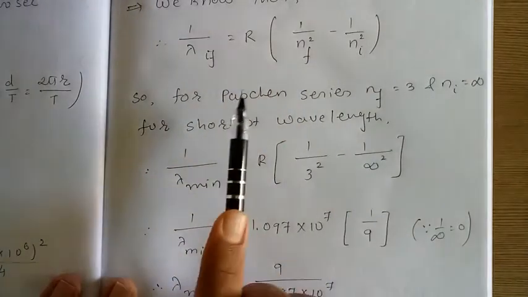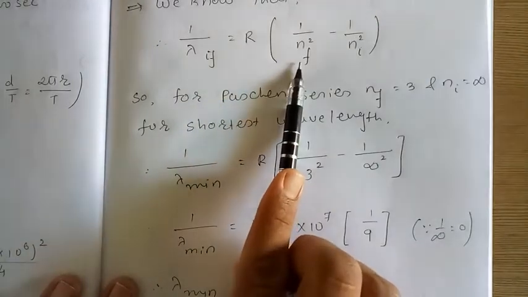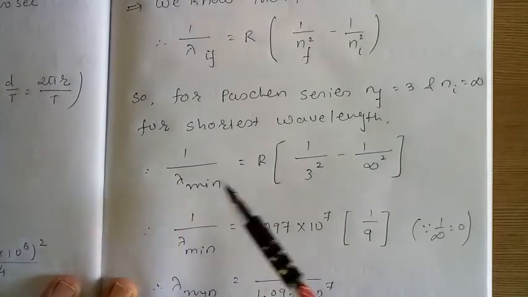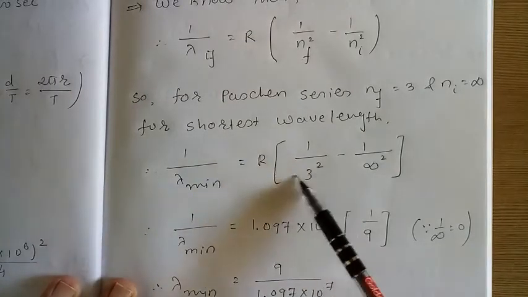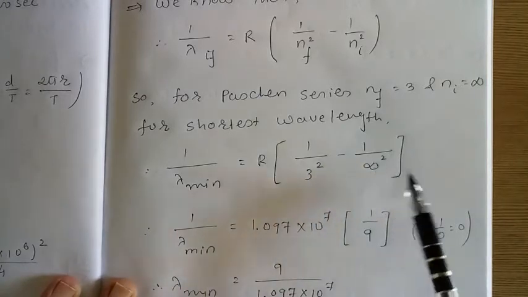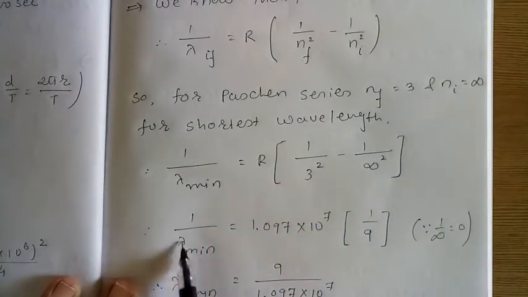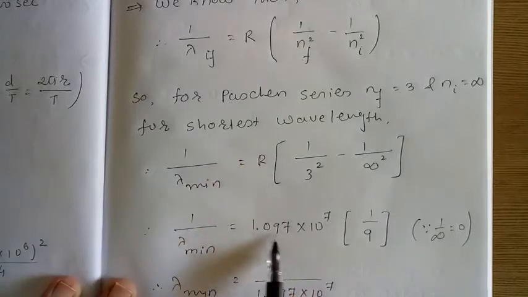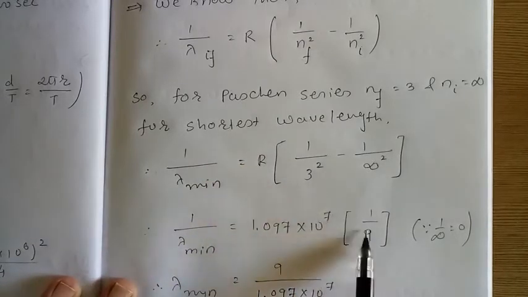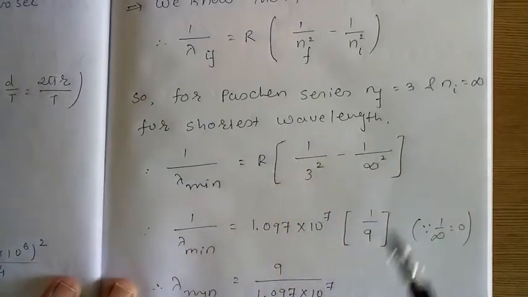So 1 by lambda minimum is equals to R into 1 upon 3 square minus 1 upon infinite square. The value of R is 1.097 into 10 raised to 7, and 1 upon 3 square is 1 upon 9, 1 by infinite is 0.